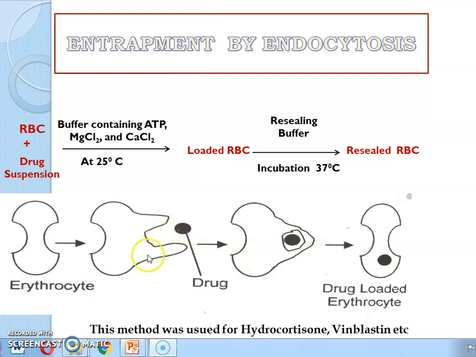Endocytosis is the engulfing of the drug inside the RBCs, and finally this is the drug loaded erythrocyte. Thus, these are the various methods of loading of the drug into the erythrocytes.